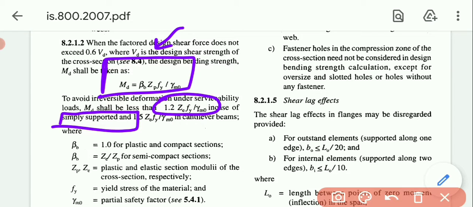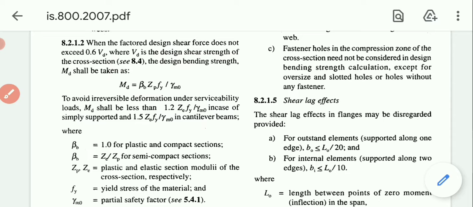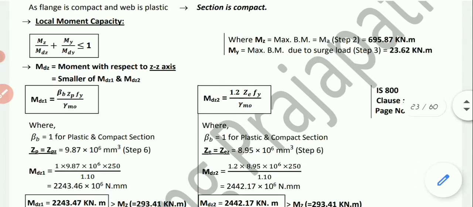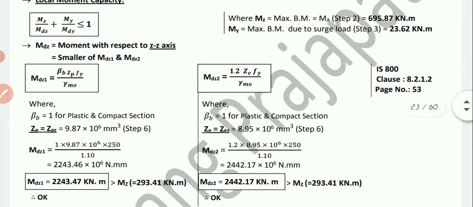and one formula is the original formula. So we are going to use both these formulas right now for Mdz as well as for Mdy. Now talking about Mdz.